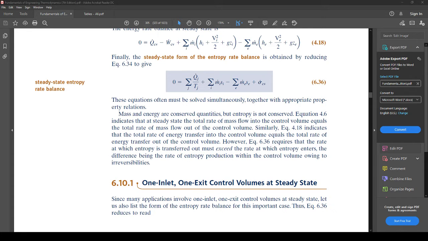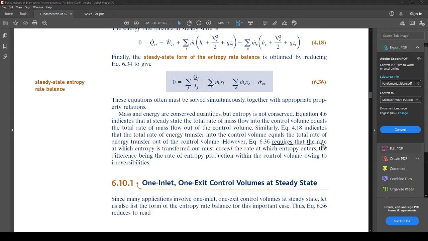So, if you guys recall, entropy production must always be positive, right? You guys would agree with that? If entropy production is positive, that means that this must be true.